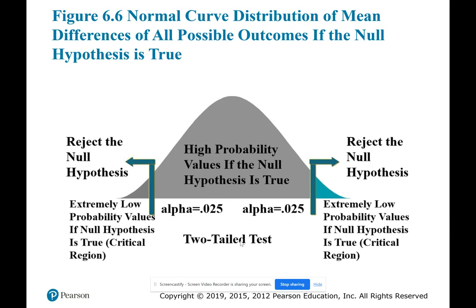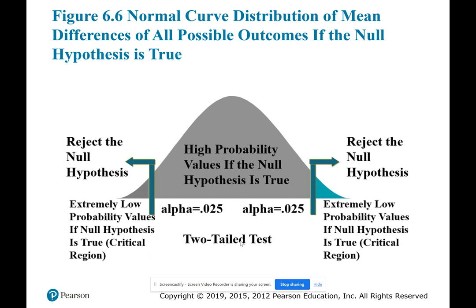So this figure is a normal curve showing sample means distributed over all possible outcomes if the null hypothesis is true. Most of the sample means would fall in the center if the hypothesis is true. For example, any sample of smokers and non-smokers' depression scores would be similar and would fall in the middle if that were your hypothesis.